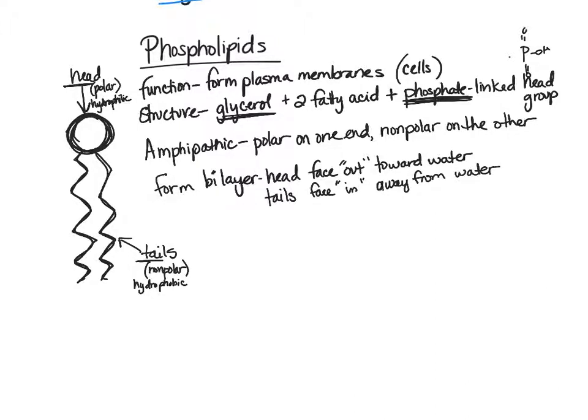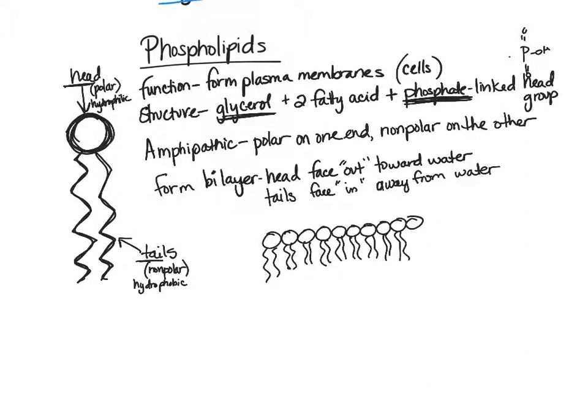So I'll do a very quick drawing of what that looks like. We have our heads here with our phospholipid tails, or our fatty acid tails. And then they end up forming a bilayer.